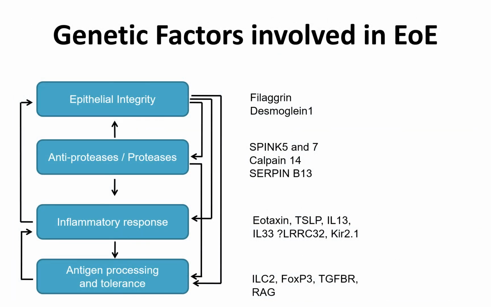Put this into a visual summary with problems with proteases and antiproteases which influence epithelial integrity, but they also are involved in engaging inflammatory responses, and with inflammation this influences antigen processing tolerances, as does the epithelial integrity. And so these feed back into themselves and create quite a complex network.